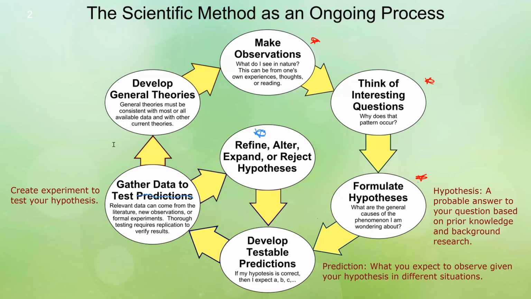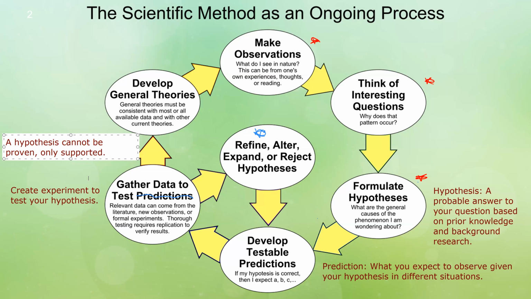Okay, the hypothesis cannot be proven. And I want you to take a second and think about why that might be. Why can you not prove a hypothesis? Okay, I wrote here, a hypothesis cannot be proven, only supported.